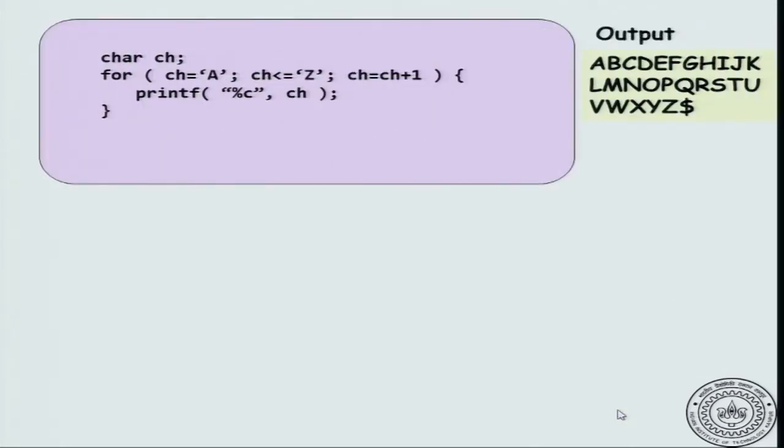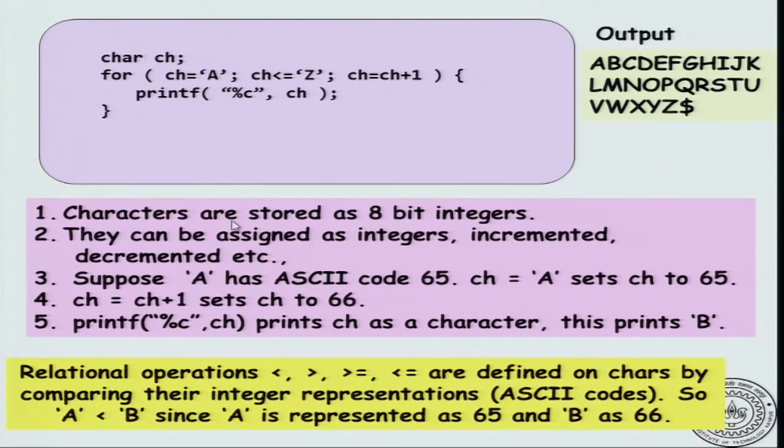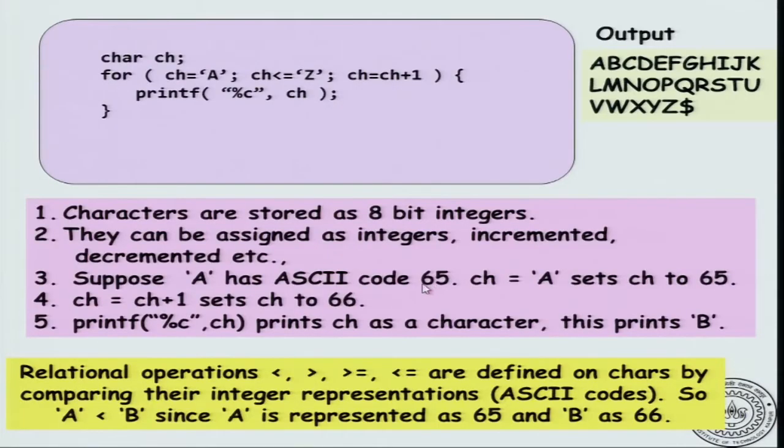Let us look at what is happening here in greater detail. All the characters are stored as 8-bit integers. Now they can be assigned as integers, incremented, decremented, etc., because essentially they behave like integers. So suppose A has ASCII code 65, but we are not concerned about that. Now, ch equal to character constant A sets ch equal to 65.